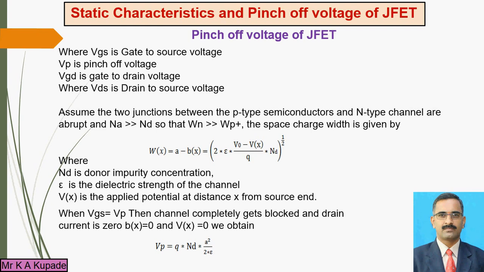From 0 onwards, whatever voltage you apply as VDS with the gate open, at that time the resistance changes linearly due to the applied voltage and the current flowing in that bar. That region is called the ohmic region.